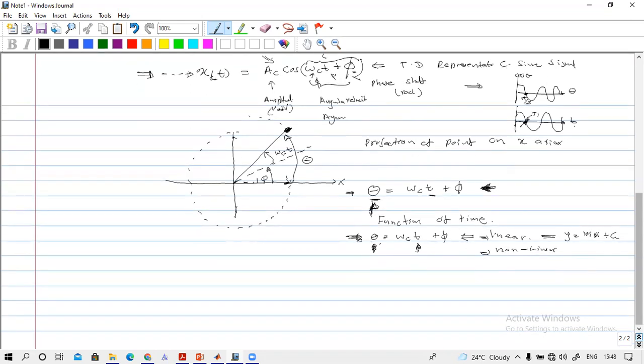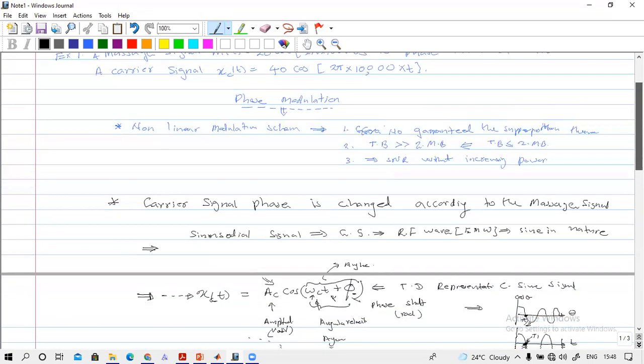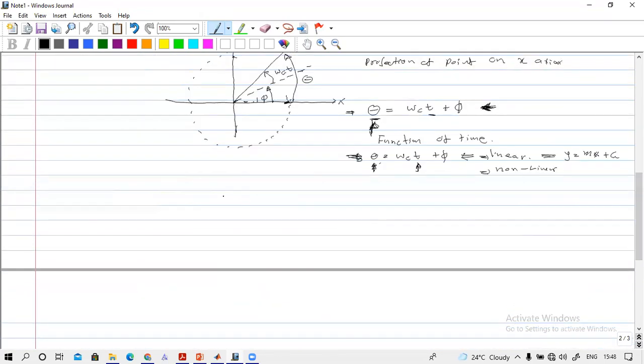Now what are we doing in phase modulation? You know that theta is the angle ωct plus φ. So in phase modulation, what are we doing?